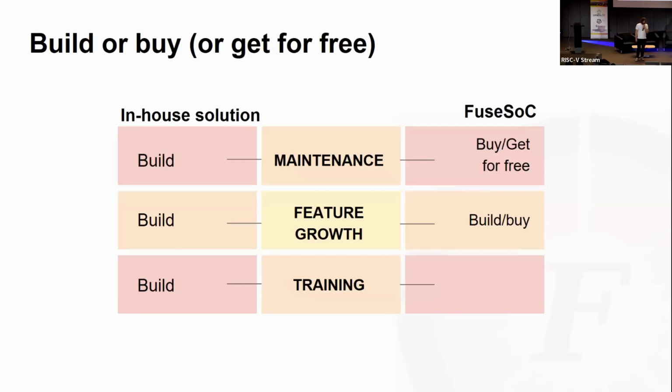Or you can buy it from someone who does help with these kind of things. And training. You can still train people in-house. You can buy training courses, or you can, best of all, get people who already know these things. You can hire for these skills, which is zero cost.